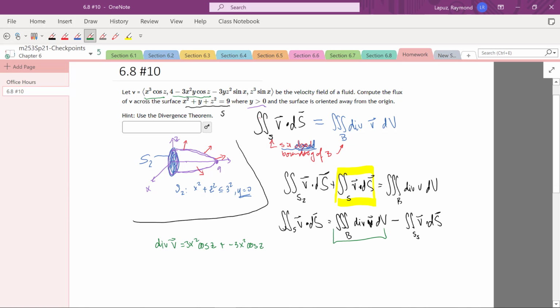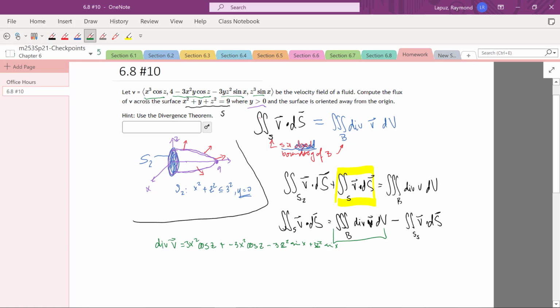Ooh, that looks like that'll cancel. And then, oops, we're not done yet. We need to take the derivative of this with respect to y. That's going to be minus 3z squared sine x. And then we take the derivative of the last one with respect to z. It's going to be plus 3z squared sine x.